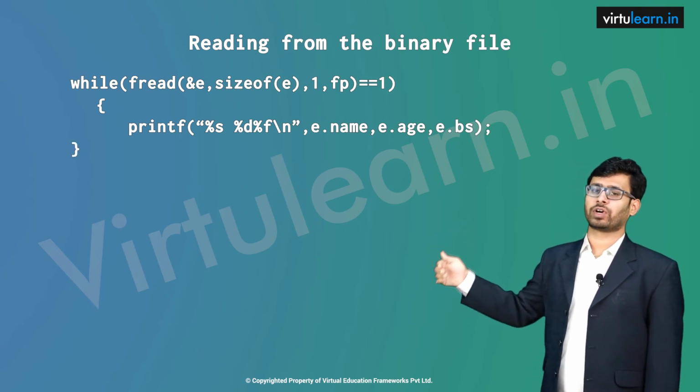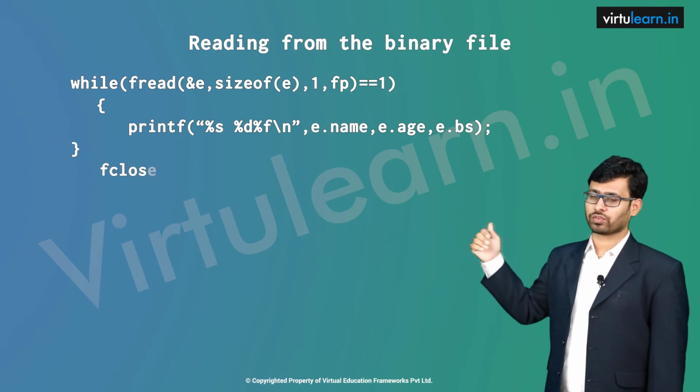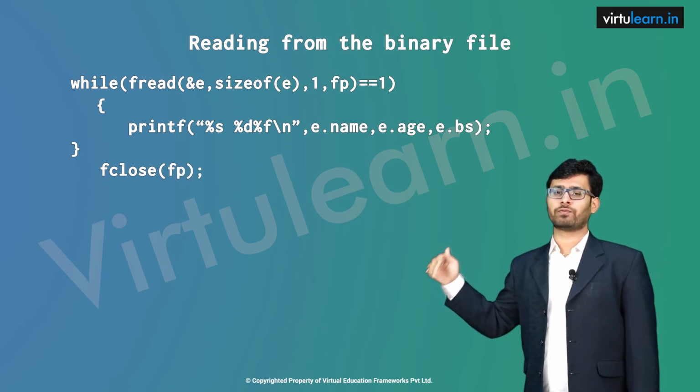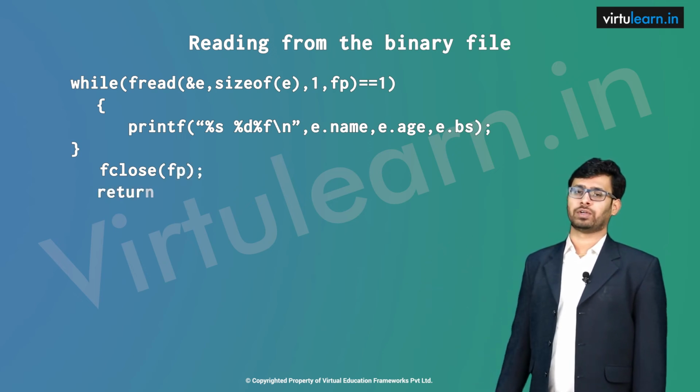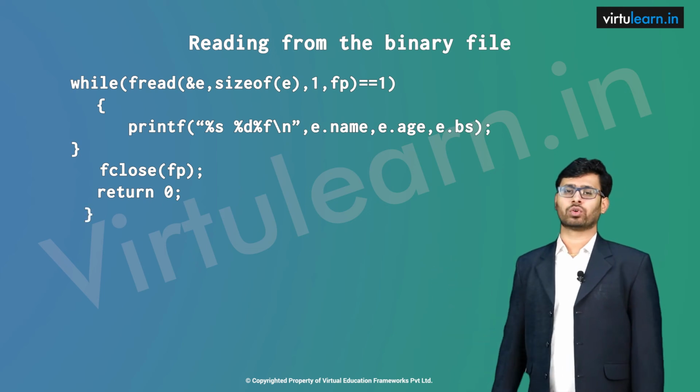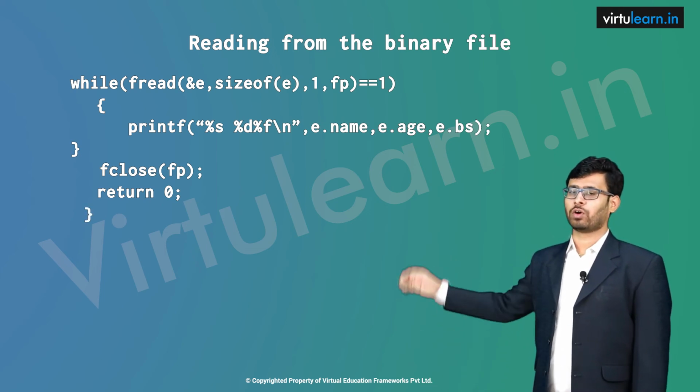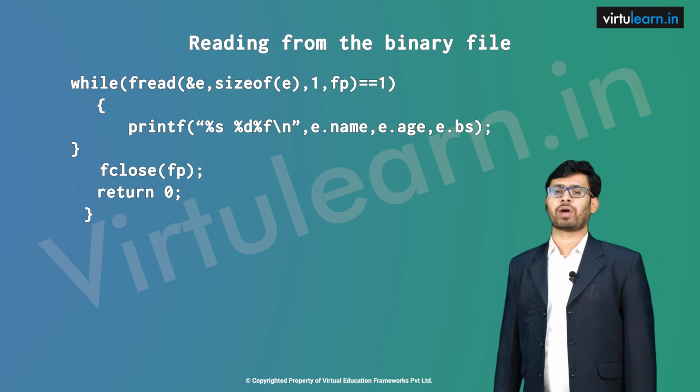After closing the while loop, for every file we have opened, we need to close it. So fclose of fp, the file pointer name, return 0, and then we close the program. So this is how we can perform reading from the binary file.